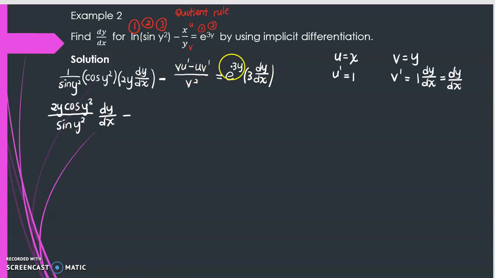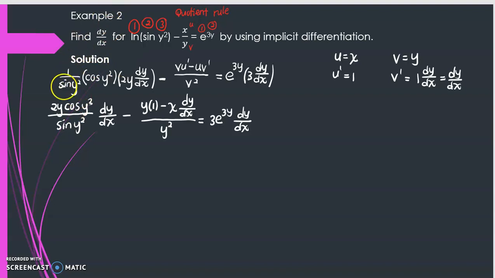So v is y, u′ is 1, minus u is x, v′ is dy/dx, over v squared. So our v is y, so here is y², equals 3 e^(3y) dy/dx.